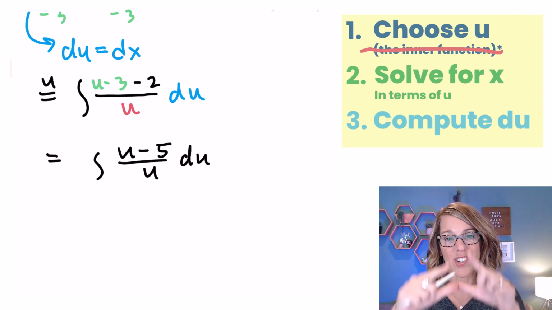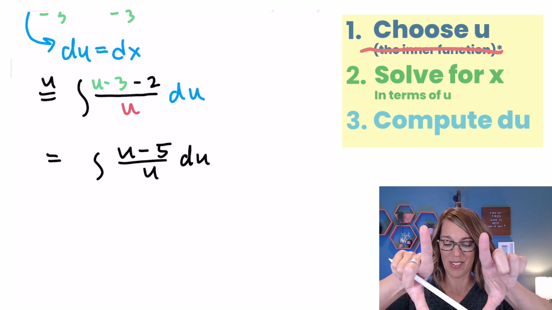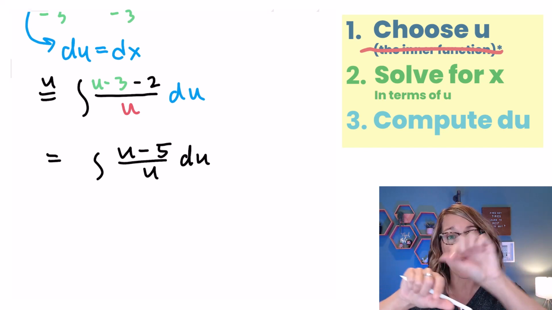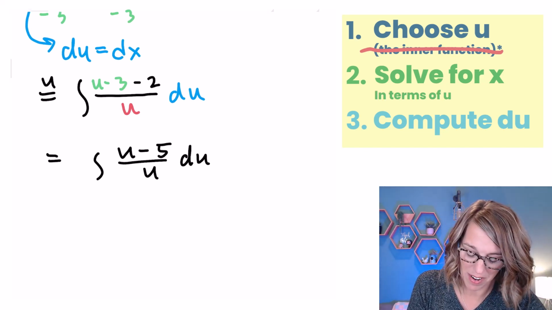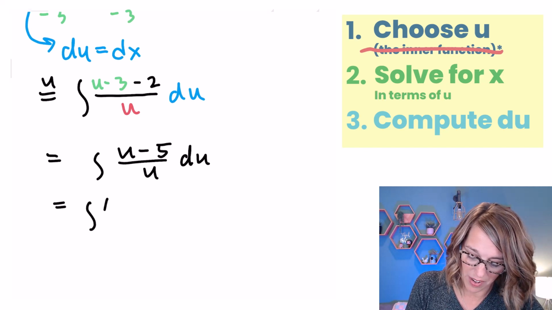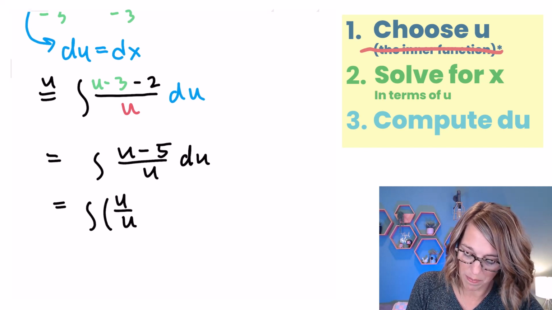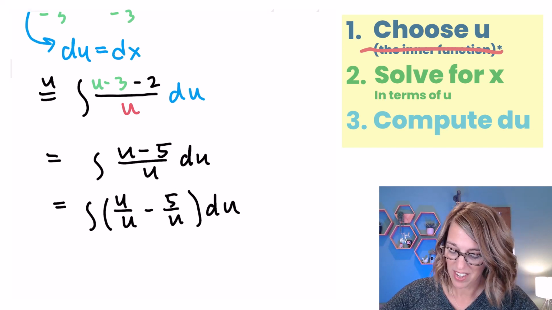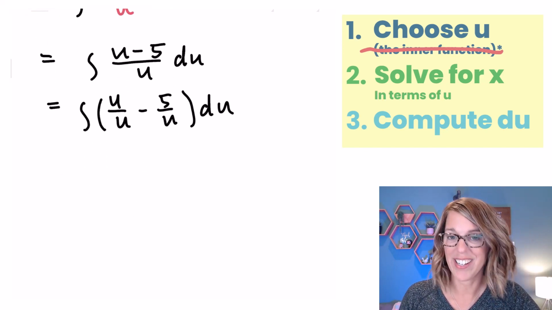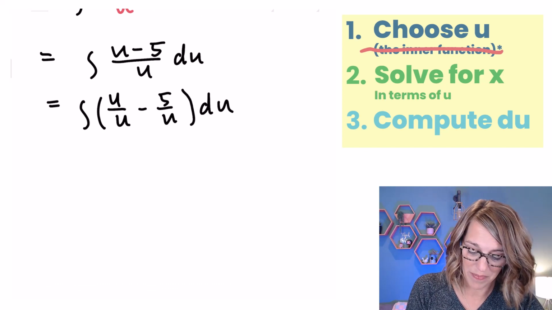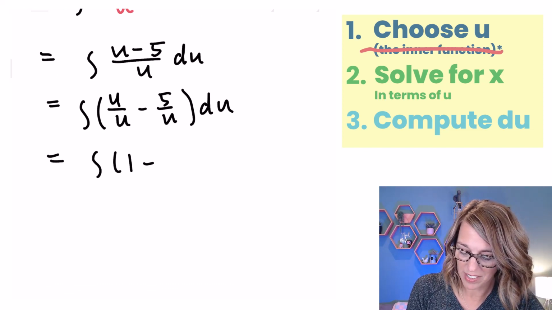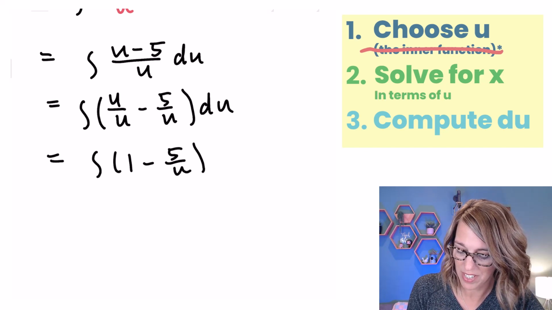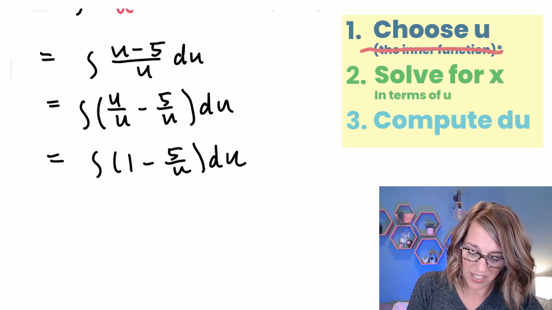I can take that fraction and I can separate it. So I've got u underneath both things in the numerator. So I end up with the integral of u divided by u minus 5 divided by u du. That 5 divided by u is going to turn into a logarithm, but that u divided by u is just 1, which is really nice. I'm just about there.